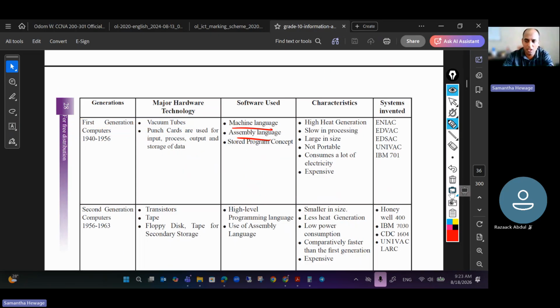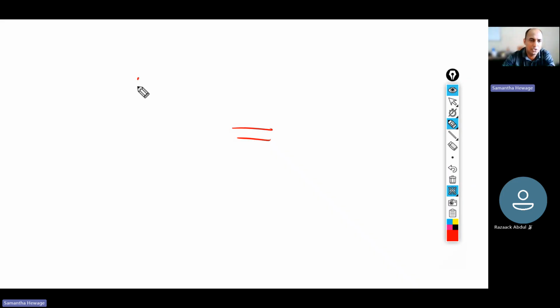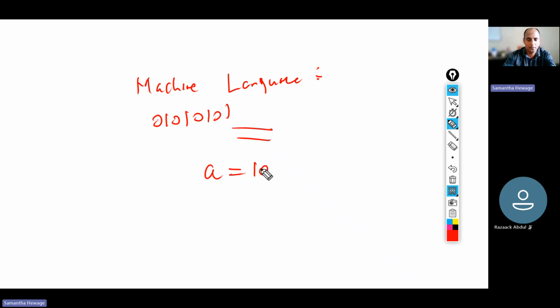What do you mean by machine language? Machine language is the birth of the language. Computer language started from machine language. Remember that. It starts from 0, 1, 0, 1, 0, 1. Let's say you want to add 2 numbers. A equals 10, where variable A is, let's say, integer type.